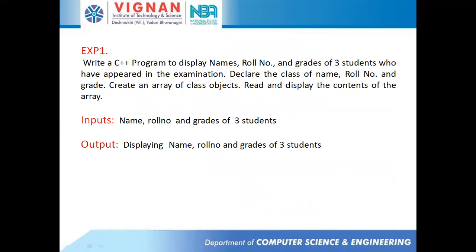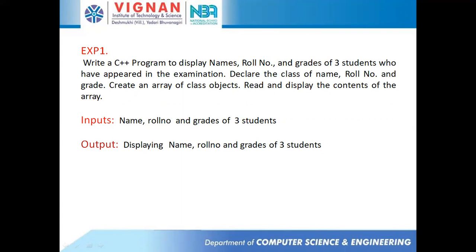So the first experiment is a program to display names, roll numbers, and grades of 3 students. Here we are going to use the array of objects concept. The inputs we need to give are the name, roll number, and grades of 3 students.